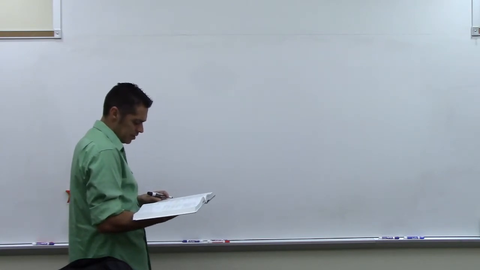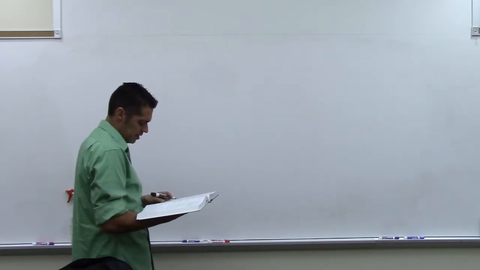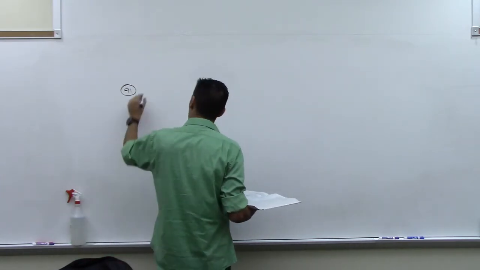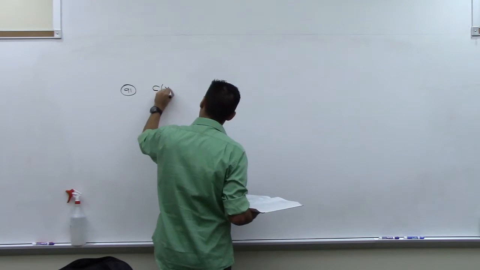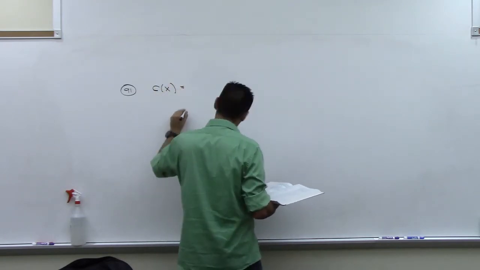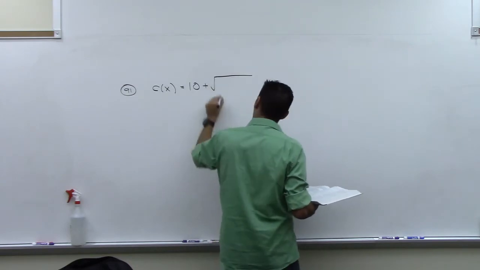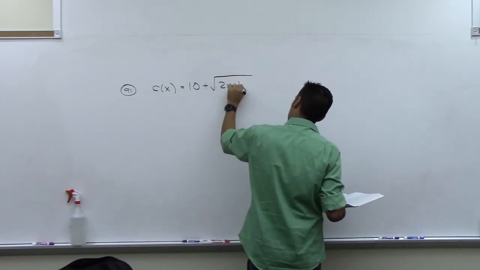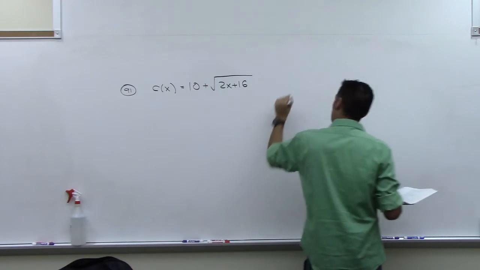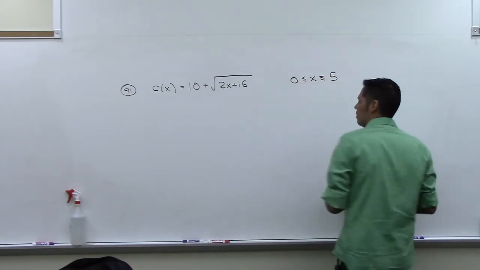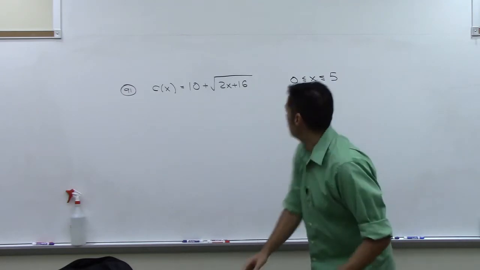The total cost in hundreds of dollars of producing x cell phones per day is given by the following function. C of x equals 10 plus the square root of 2x plus 16, and x is between 0 and 50. So x is the number of cell phones per day.